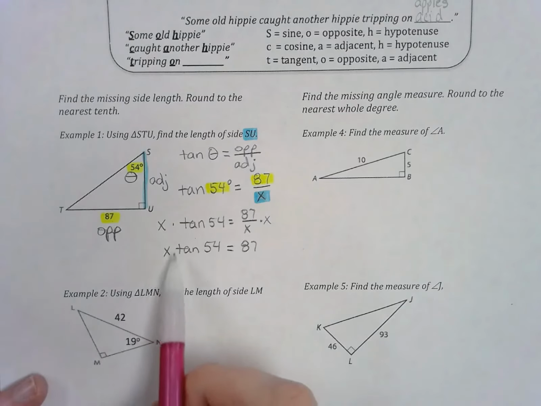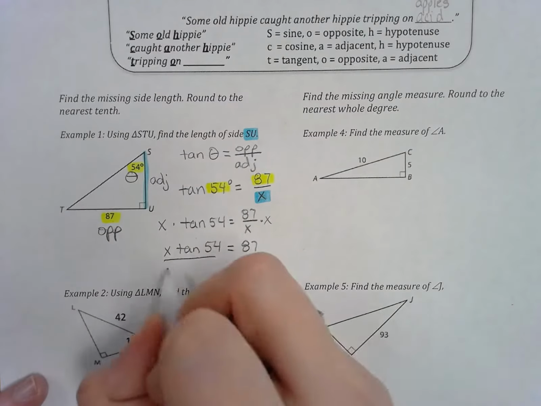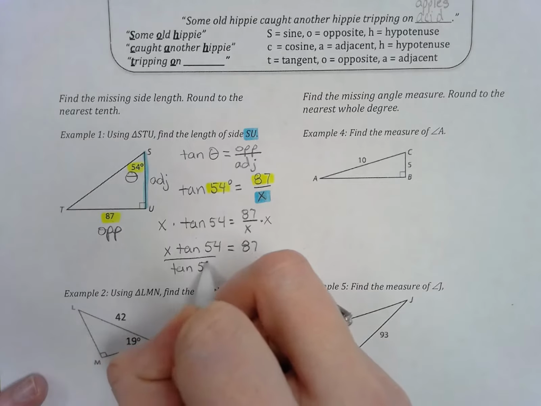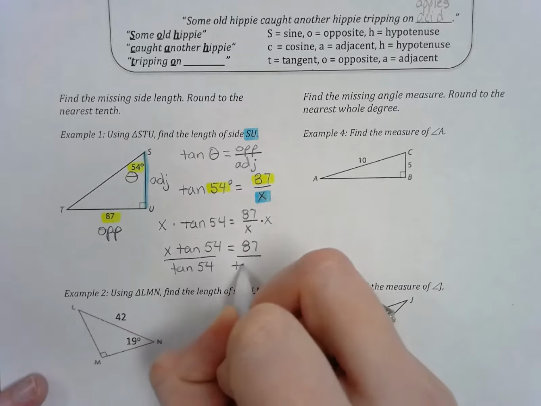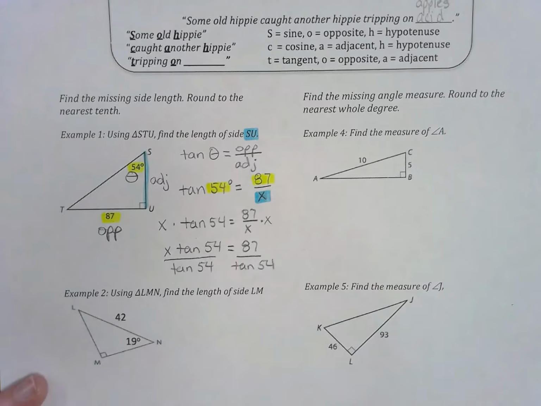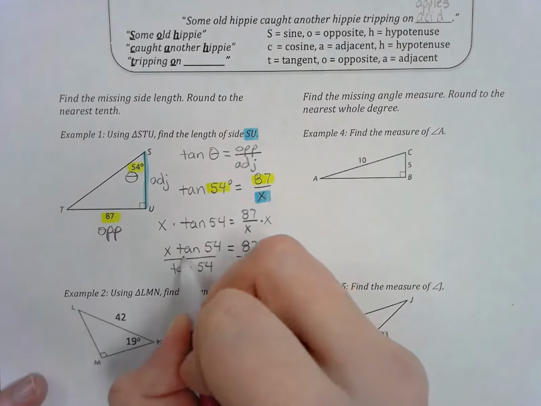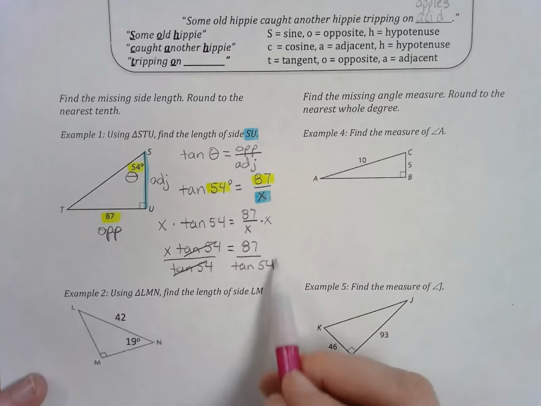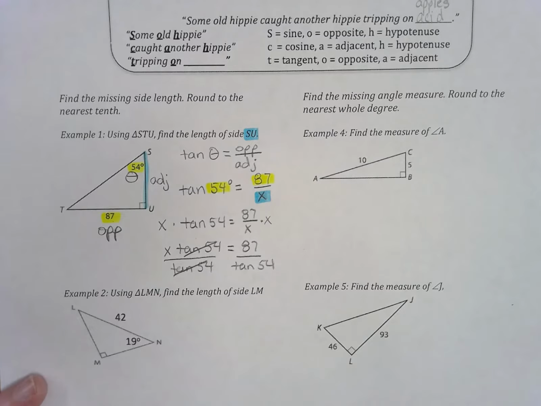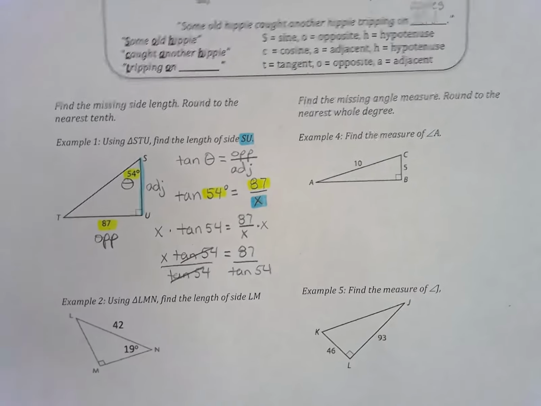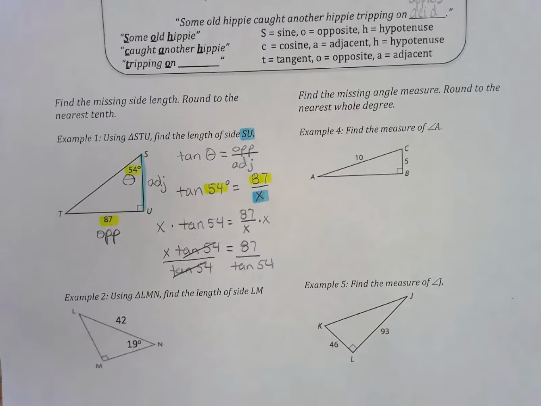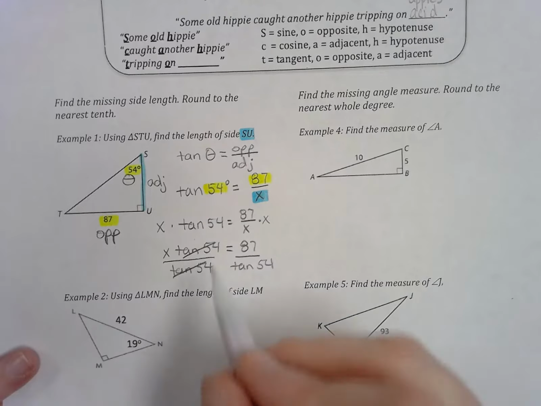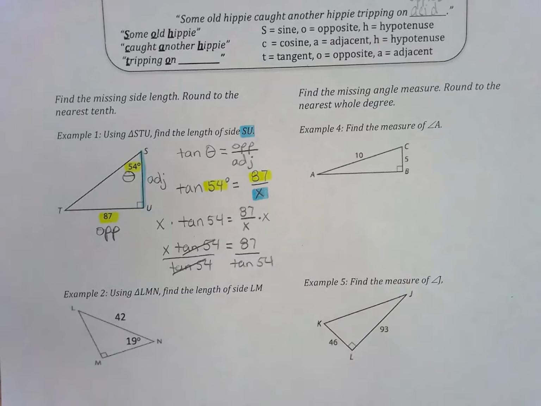It didn't get x by itself, but we can take another step to do that. Divide by tangent of 54. When you have x by itself, that's the exact thing that you punch in the calculator. Don't punch anything into the calculator until x is already by itself, or whatever side you're solving for is by itself. So this 87 divided by tangent of 54, we go to our calculator.